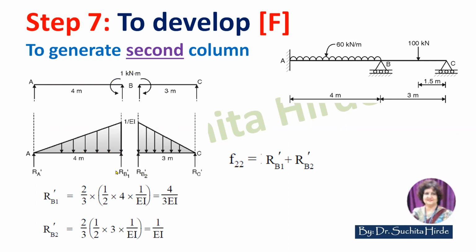Displacement means slope, and slope is equal to the shear force in the conjugate beam. And therefore F22 is equal to RB1 dash plus RB2 dash. If you add these two, you will get 7/3 EI. So this is how we can develop the second column of the flexibility matrix.